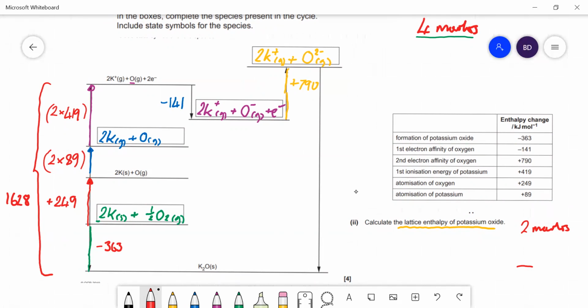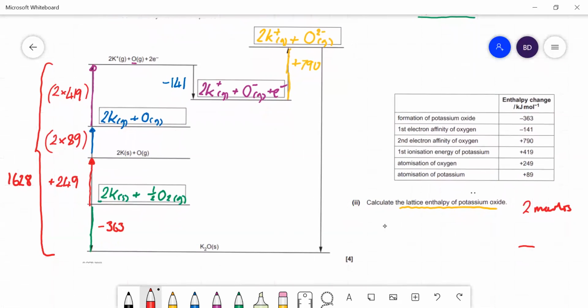So we can see then our lattice enthalpy. What have we got to do? Well, we've got all that red there. We've got 1628, and then we've got to take away 141 there. So let's just write lattice enthalpy. So we've got 1628. We've got to take away 141.